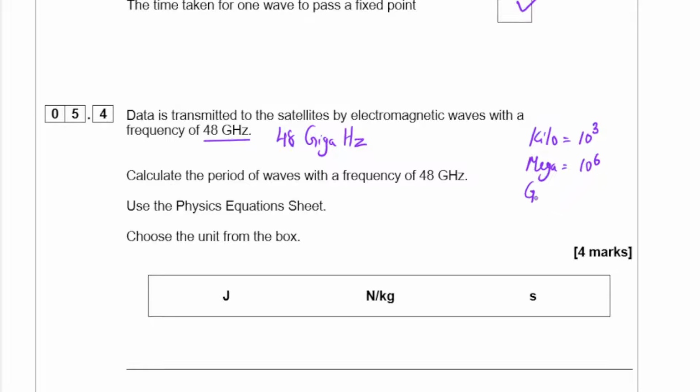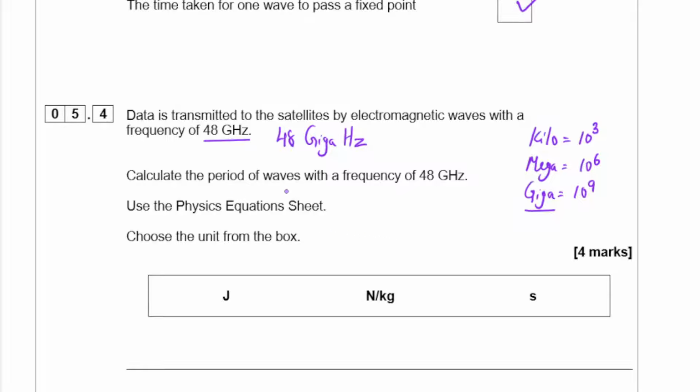Then it's giga, which is 10 to the power of 9. Now we actually use the word giga when we talk about mobile phone memories and storage. So for example, your mobile phone might have 32 GB or 64 GB, right? GB is gigabytes. Here we are talking about gigahertz.